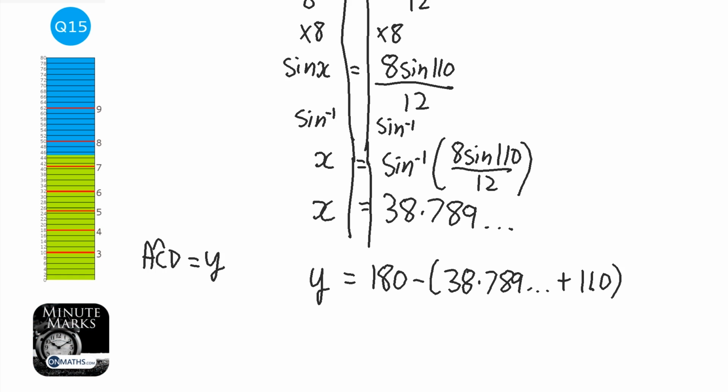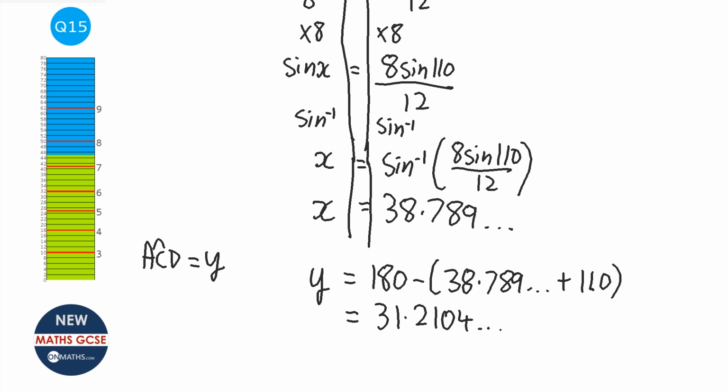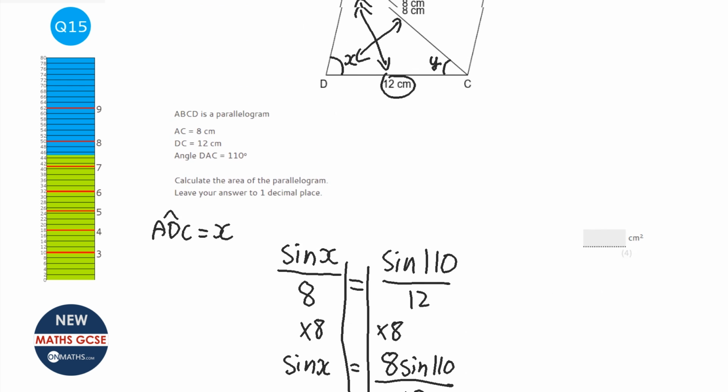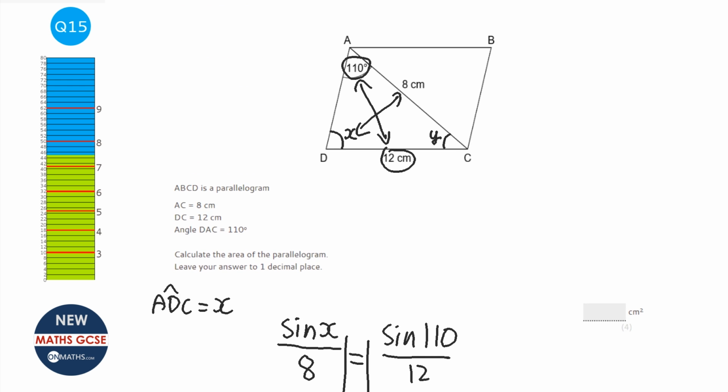So I'm going to add 110 to that. Then I'm going to type in 180, take away the answer. So that tells me that Y is 31.2104 blah blah blah.